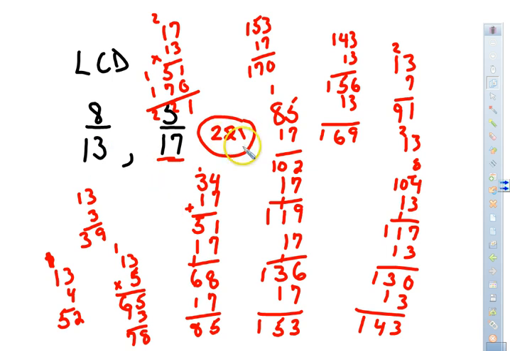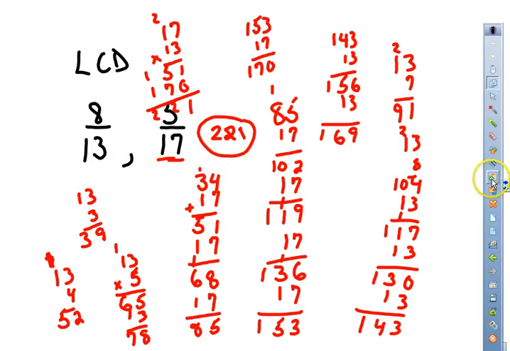So if we get closer and closer to 221, since we're this close to it, 170, 169, that is going to be my least common denominator. And in this case, it is. So 221 is what you would do to solve this.